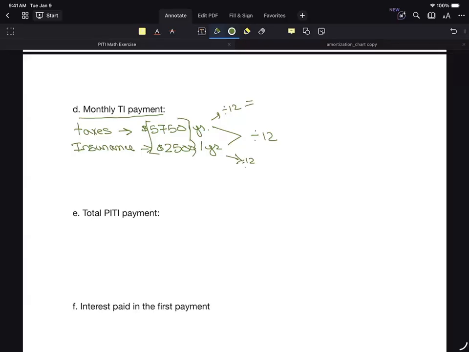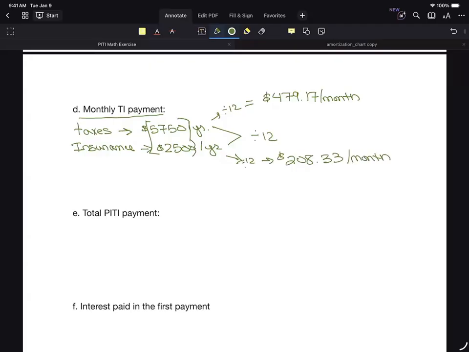So 5750 divided by 12 would give us 479 and 17 cents a month. And 2500 divided by 12 is giving you 208.33 a month. Is that what you got too?